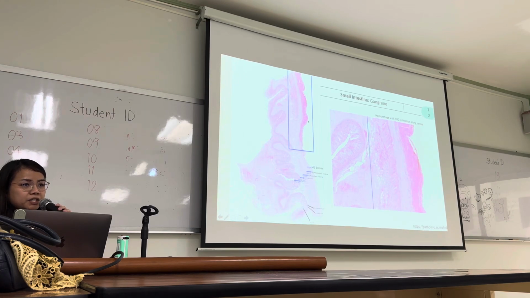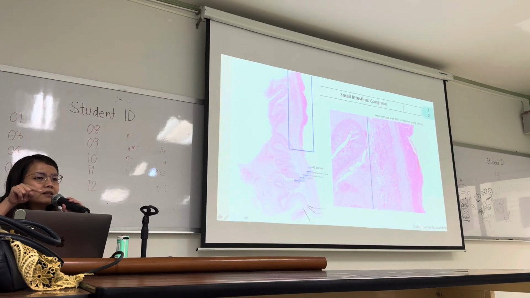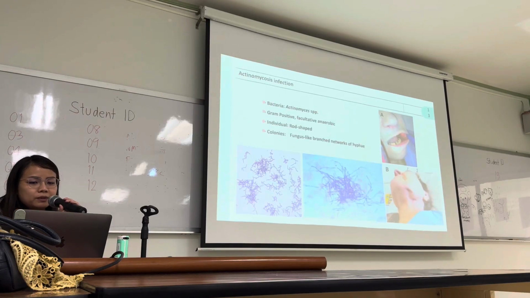You can see hemorrhage. So please take a look at the lowest magnification. Again, you can see normal tissue here, and then somewhere else here the structure is already destroyed, the tissue damage. I think you're familiar with this one. So please take a look again because we have a worksheet to do today.